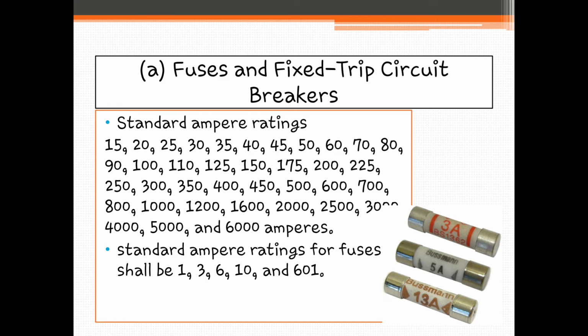Note that inverse time circuit breakers have both thermal and instantaneous trip features and are preset to trip at standardized levels. This kind of circuit breaker is the most common type of breaker.